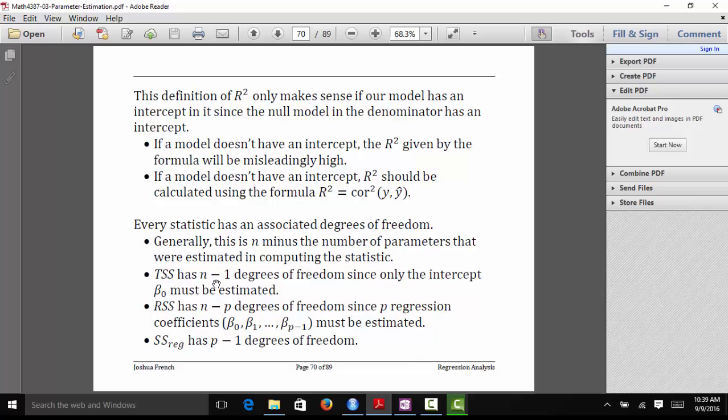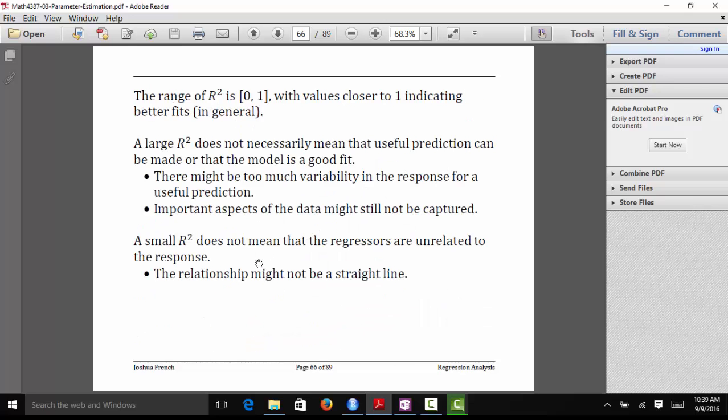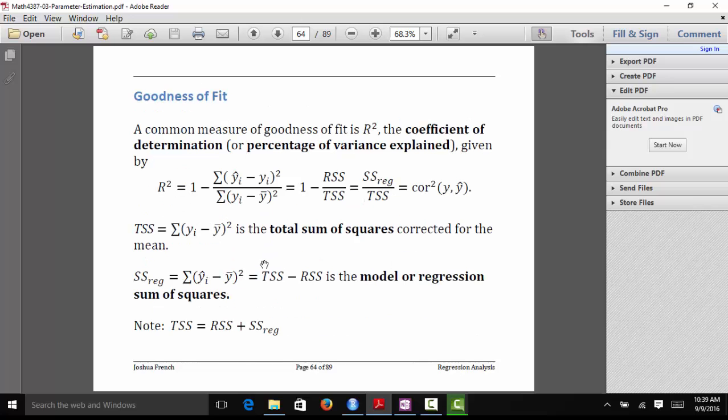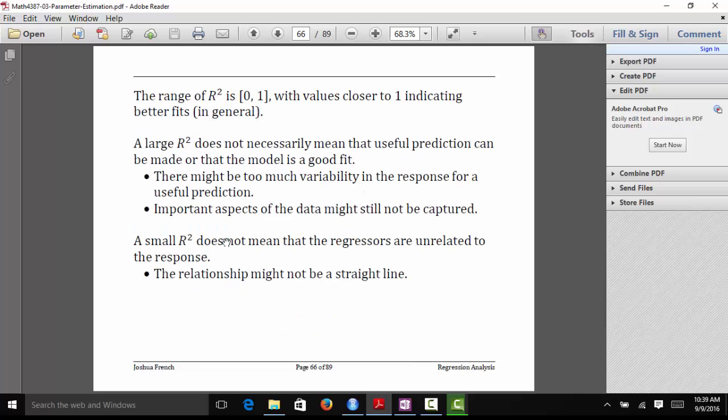For the total sums of squares, I'm going to go back to that formula right there. We actually had to estimate the mean in the process of computing the total sums of squares. And so the total sums of squares has n observations minus one parameter estimated along the way, and so we have n minus 1 degrees of freedom.